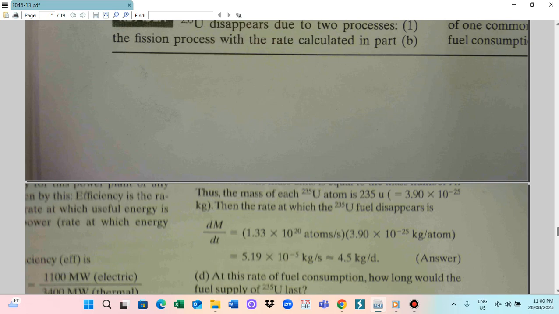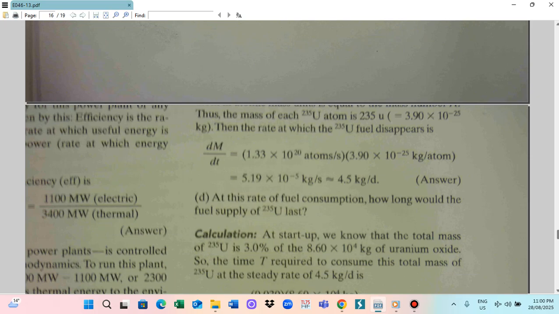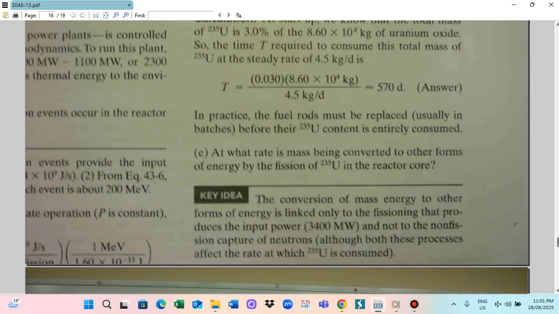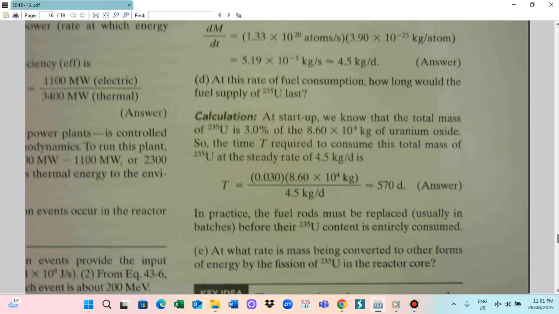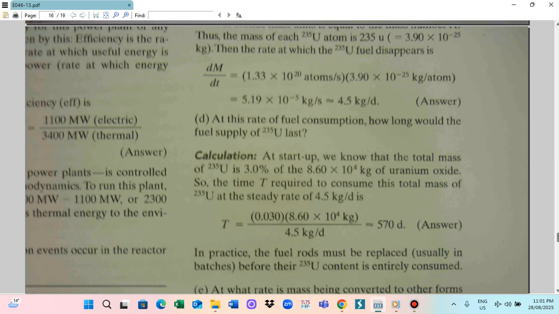So in 1 day, how many seconds? 1 hour is 3,600 seconds, multiplied by 24, so that we get 1 day. So 5.19 times 10 to the power minus 5, multiplied by 3,600 seconds, multiplied by 24 hours, gives the mass: 4.5 kilograms per day.